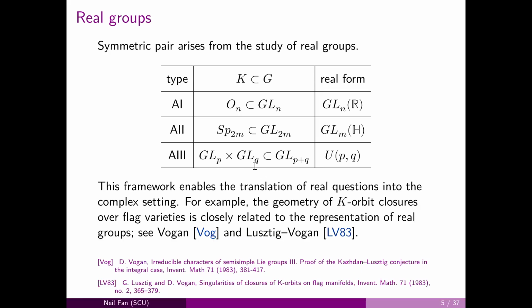And for type A3, the corresponding real form is the pseudo-unitary group U(p,q). This framework enables the translation of real questions into complex settings. For example, the geometry of K-orbit closures over flag varieties is closely related to the representation theory of real groups, say by Vogan and Lusztig–Vogan.